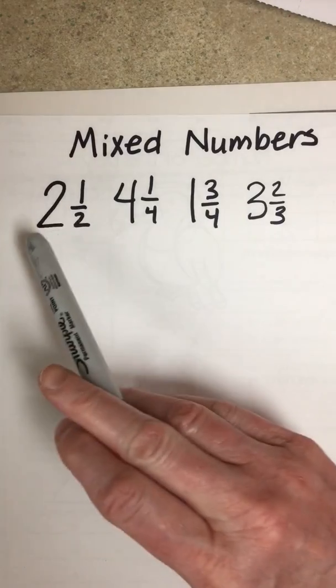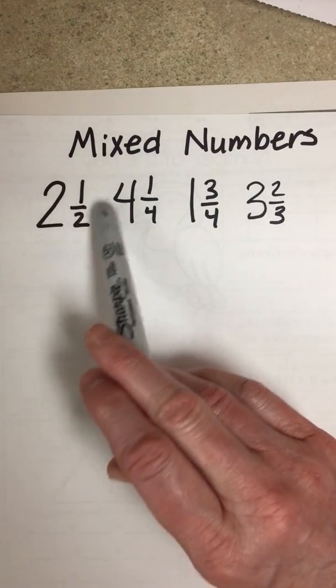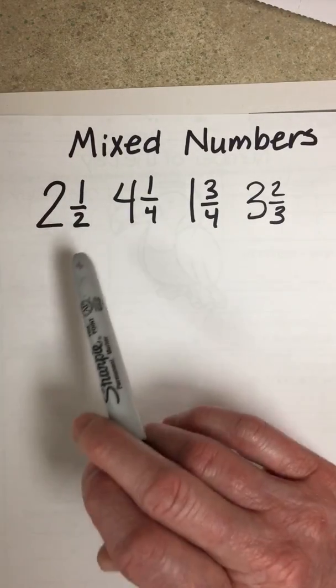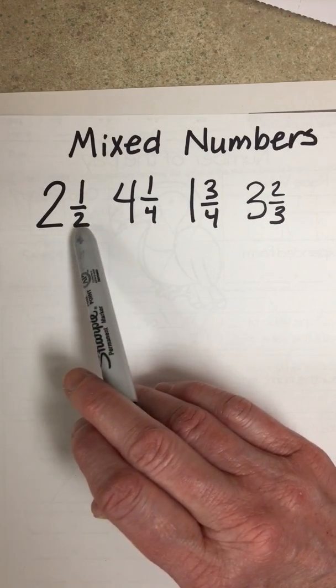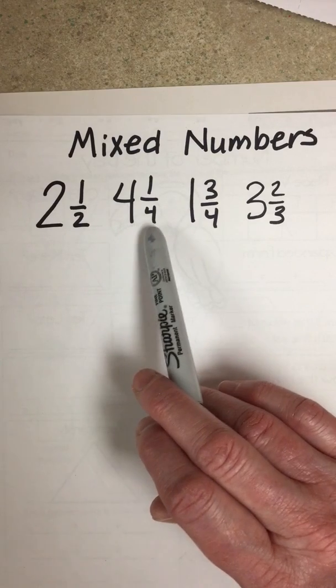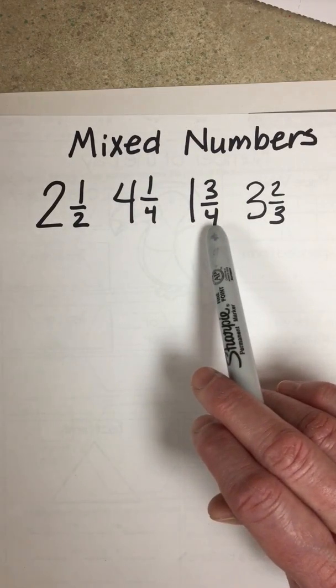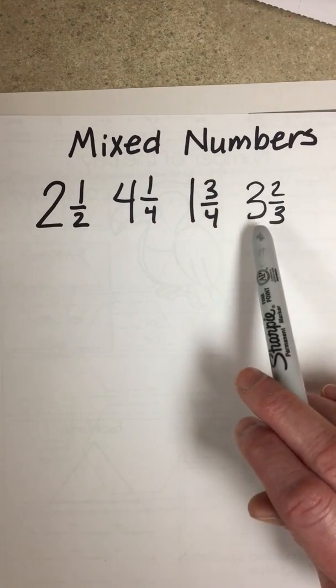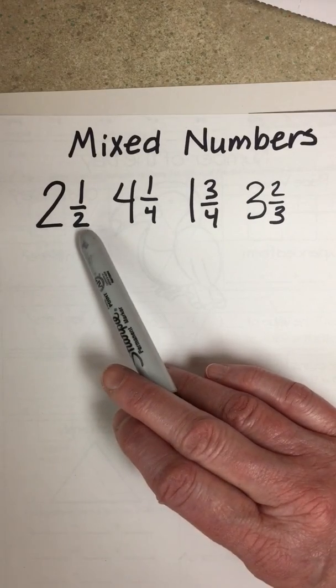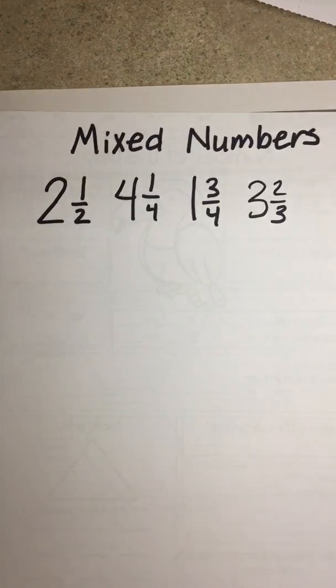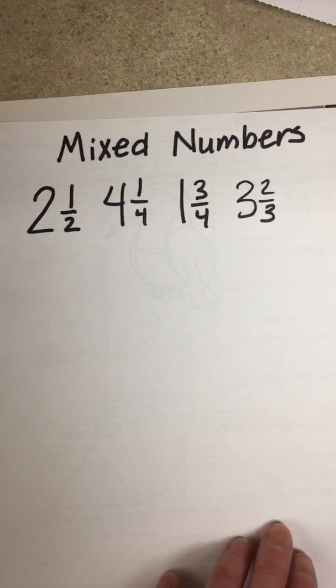I hope you see that there's a large digit and then a fraction. It's mixed because it has a whole number, we call it, and a fraction together. You have seen this before when you've been asked to write or make line segments that are 1 or 2.5 inches long, for instance. So what are mixed numbers?